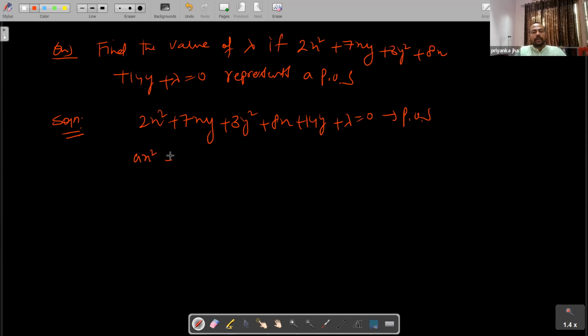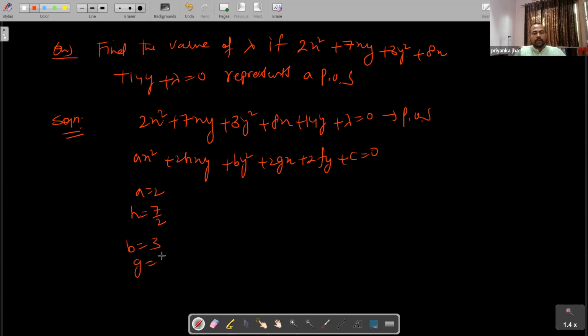Just compare it with ax square plus 2hxy plus by square plus 2gx plus 2fy plus c equal to 0. A is 2, h is 7 by 2, b is 3, g is 4, f is 7 and c is lambda.